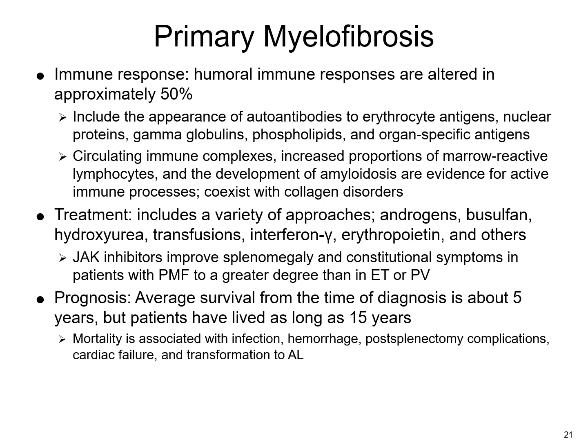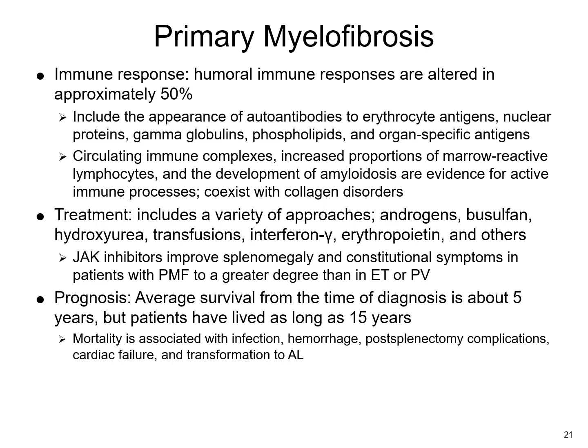The collagen disorders that coexist with the primary myelofibrosis also suggest that the immunological process may stimulate that marrow fibroblast activity. Now, just like most of these myeloproliferative disorders, there are a variety of approaches that can be used for treatment.